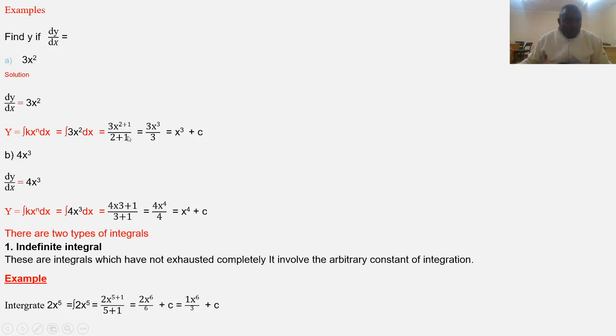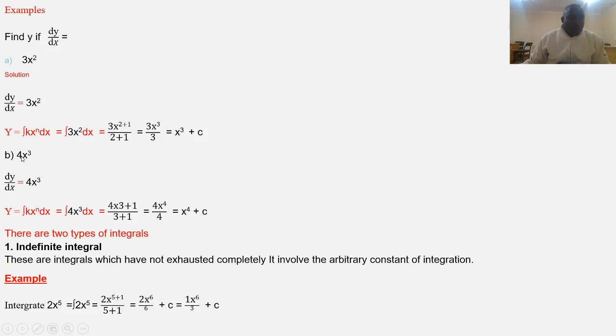This is the new power that was formed, which becomes 3x cubed over 3. 3 and 3 cancel, it remains x cubed plus a constant c. This is how we integrate. That is our y. Our y equals x cubed plus c.